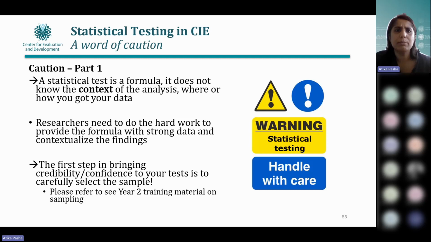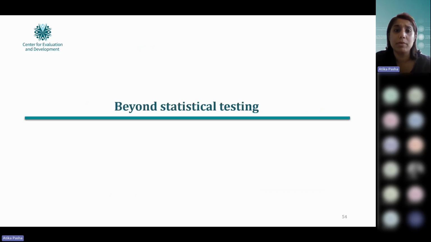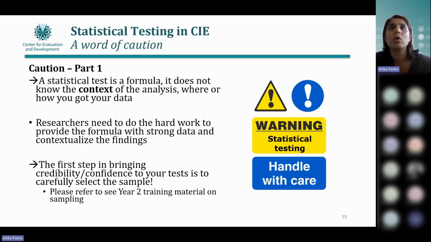I will skip this part on beyond statistical testing, because we're already over and we should be going very quickly into the guided example of walking through a t-test. But just remember, the statistical testing that we're showing you is just a formula. It completely depends on your analysis and your context. You need to figure out whether your data is correct, whether you're contextualizing your findings well. Do you need to look at differences across gender?